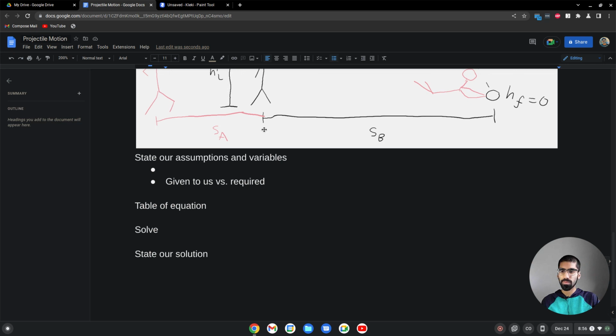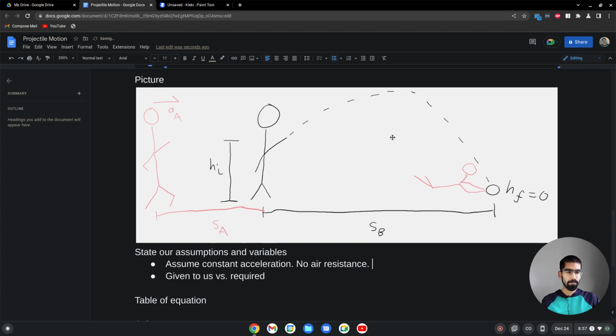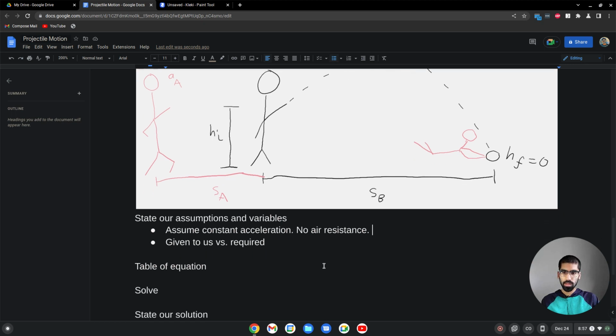So we have to assume constant acceleration so that we can use our kinematics equations. Let's assume no air resistance. Do we need to assume anything else? I think this is a good start.